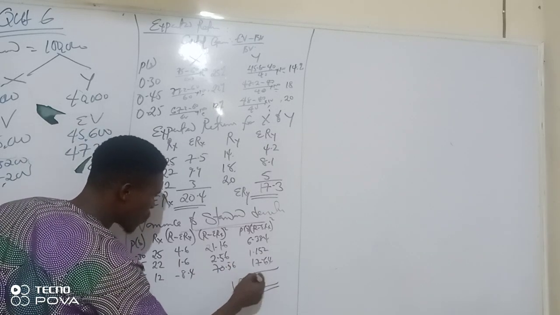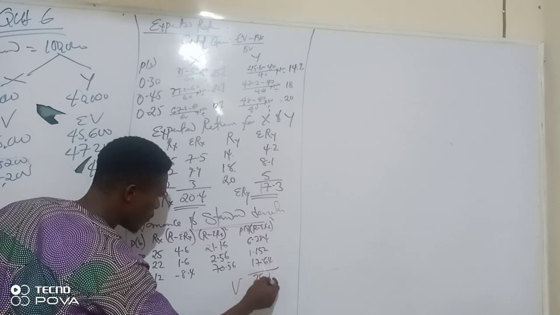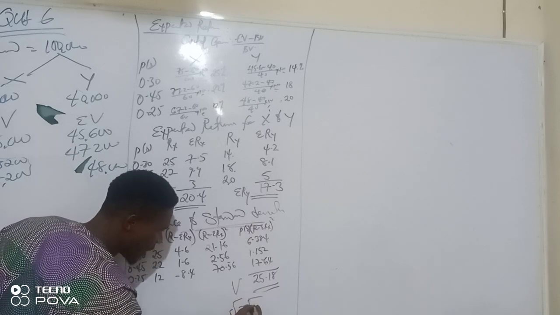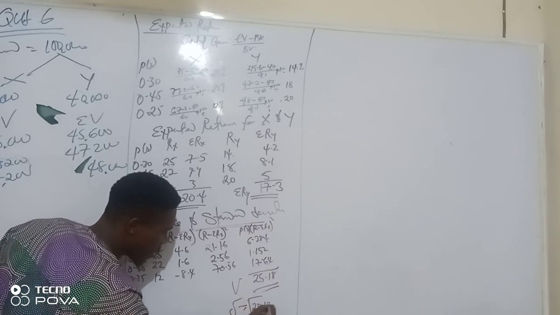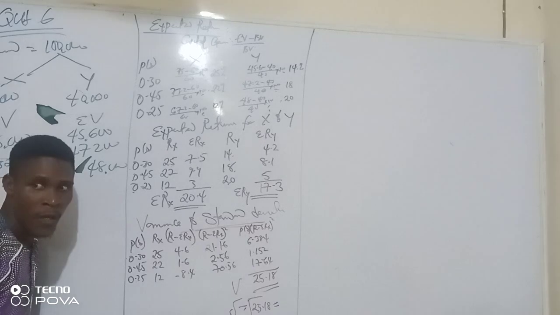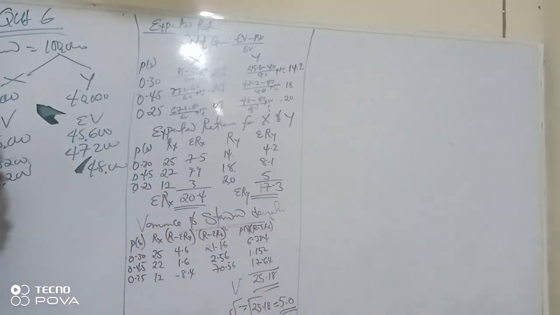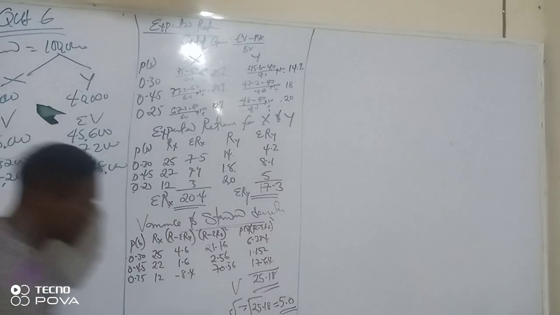So our variance is 25.18. The standard deviation is the square root of the variance, so our standard deviation of x is 5.0.